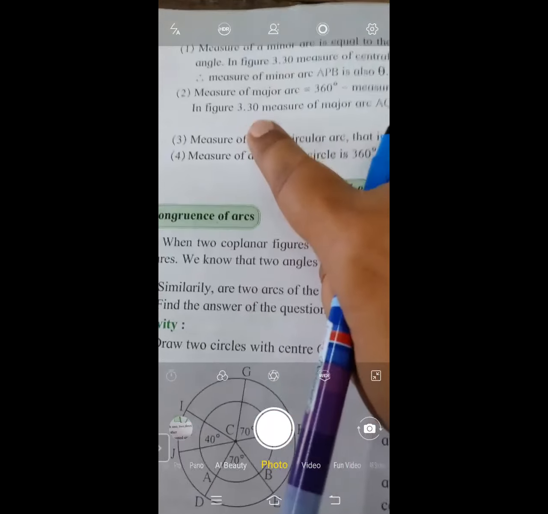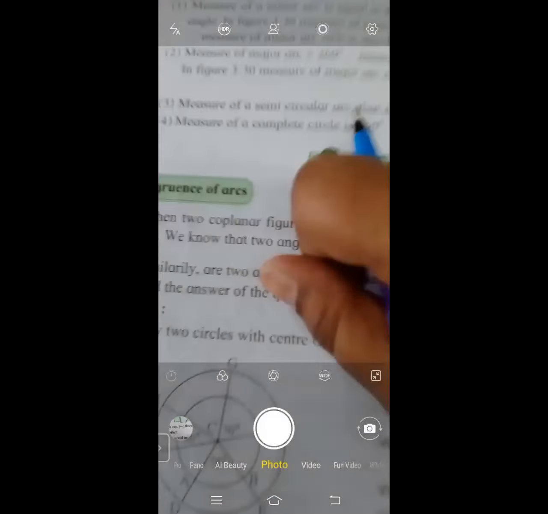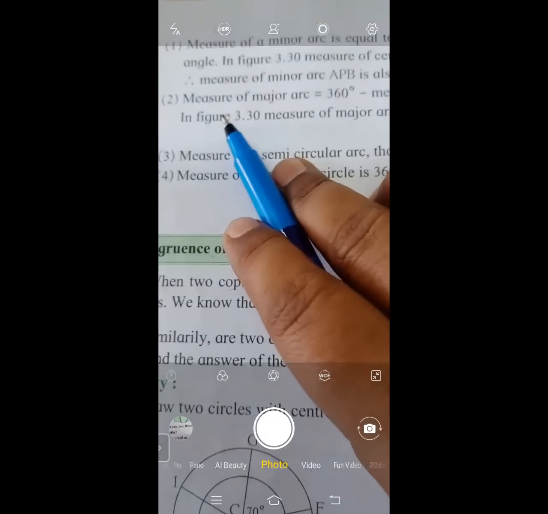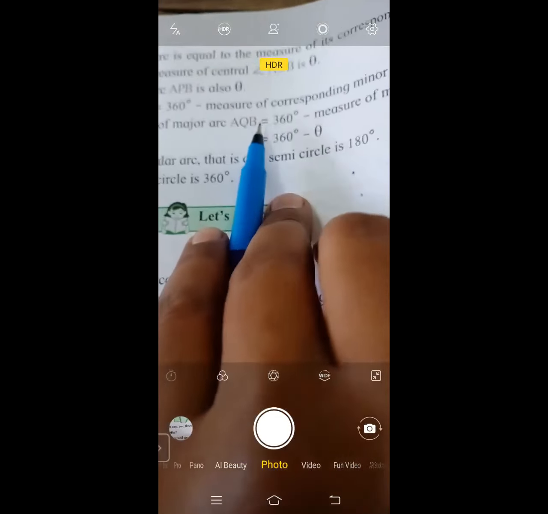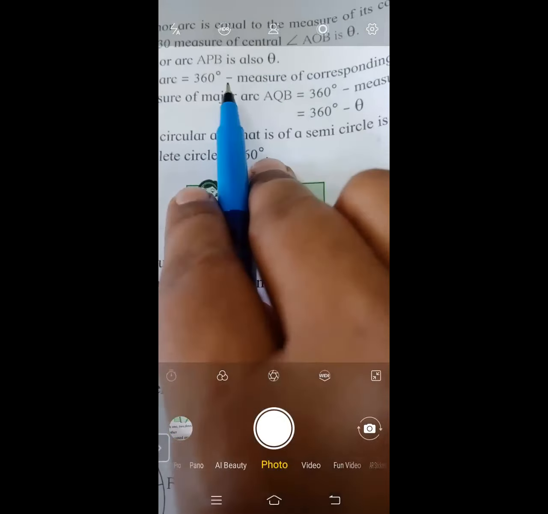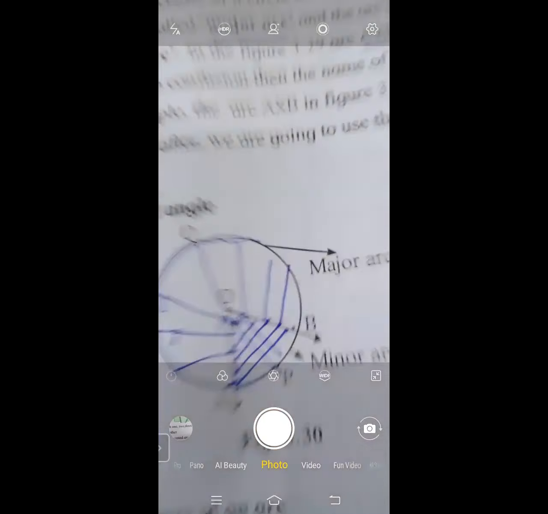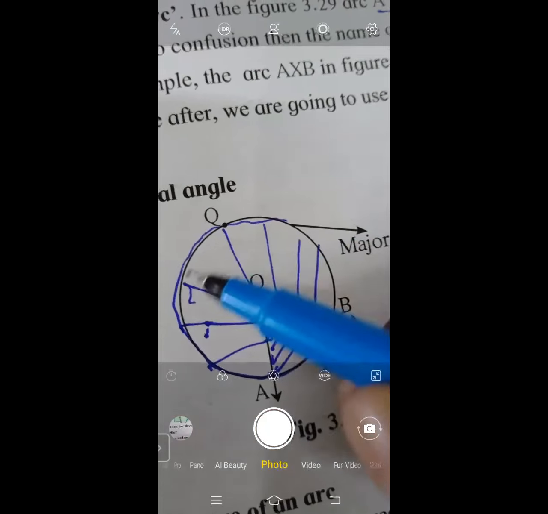The measure of the major arc equals 360° minus the measure of the corresponding minor arc. We are just subtracting the measure of the minor arc from the whole 360°. The whole angle is 360° for the given circle.